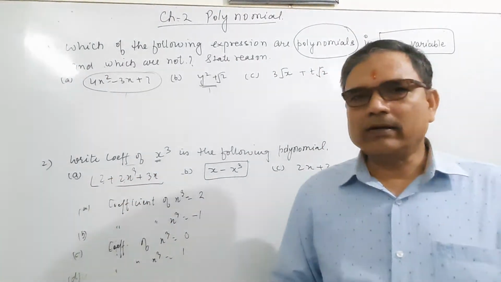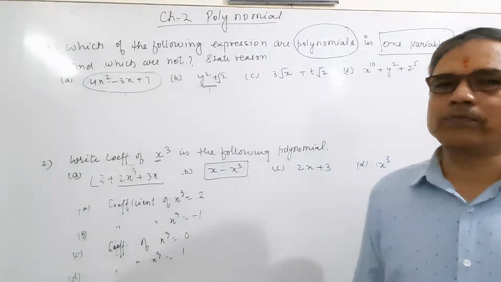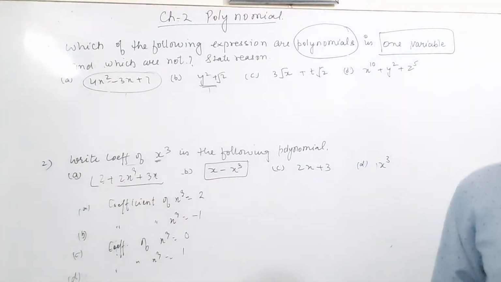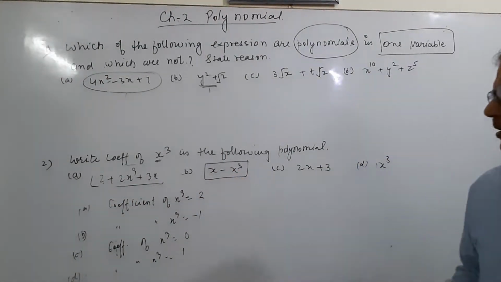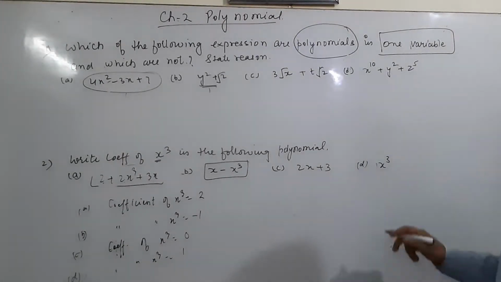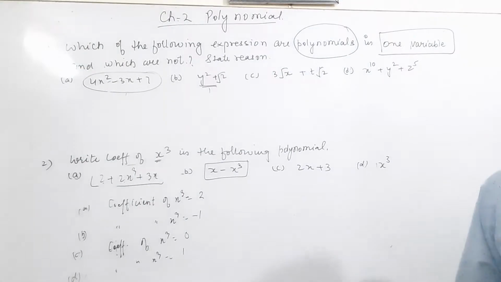If the polynomial contains 3 terms, then it is a trinomial. How many terms are in there? 2. It means it is a binomial. It contains 2 terms. It is a binomial. It contains 1 term. It is a monomial.